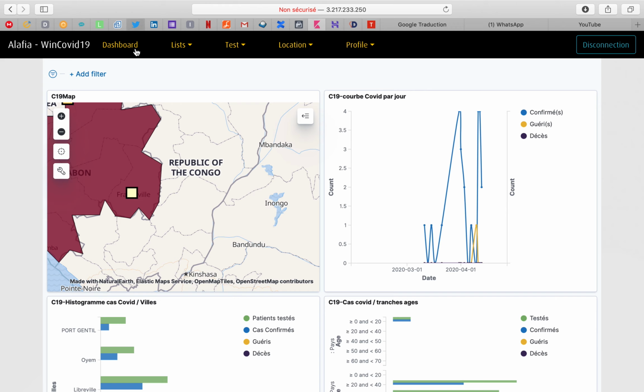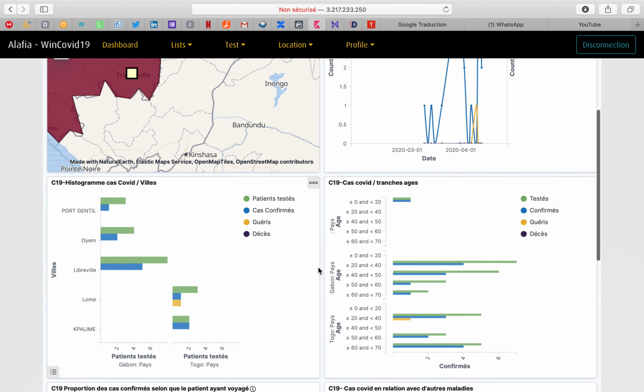Let's start with the first one, dashboard. It includes generic graphs of different types, as you can see.